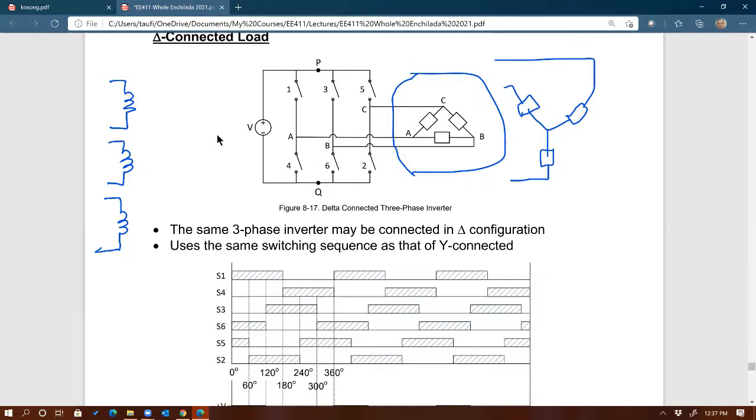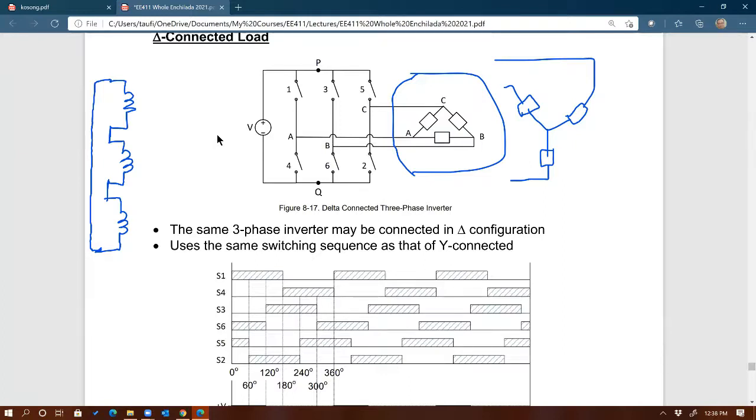How about delta? Same thing, go back to the basics. All the basics that you learn in 212 or 211 are very important. That's why I like to teach 212. For delta, what you look for is a loop, like this. If you trace the wires for this three phase, and if they form a loop like that, then I know that it is a delta.